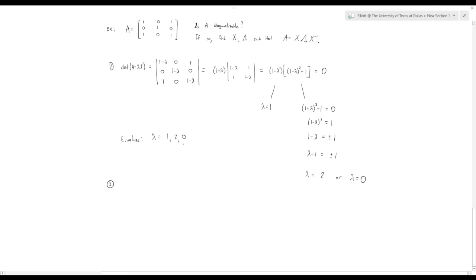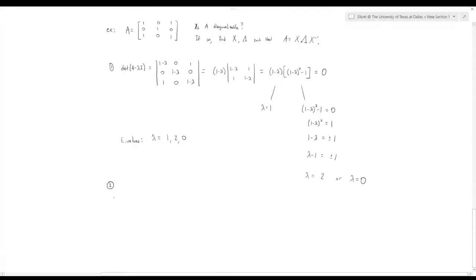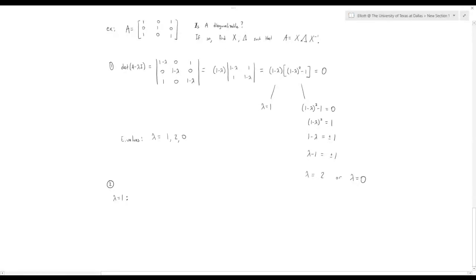So I'll just take each of these eigenvalues. I'll start with lambda equals 1. The way that you order is not too important. So I'll just pick the first eigenvalue that I have written down.